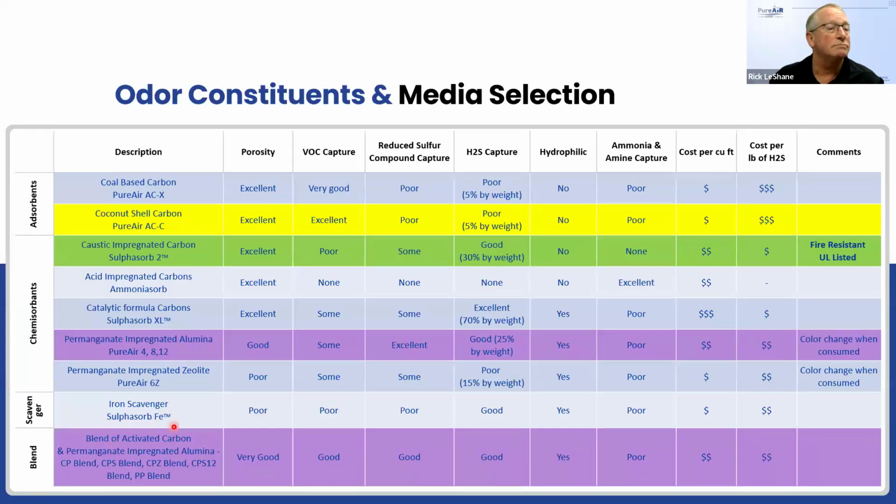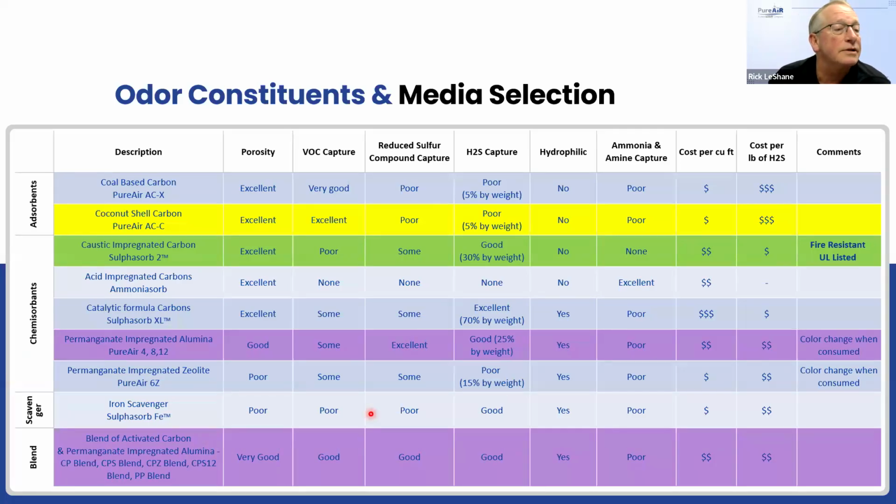It's where our Sulfazorb XL comes into play, and we use it for high H2S situations. It's 66% by weight, so it can capture a lot more of the H2S. As far as your dollar goes, you can see here, cost is low for carbon, but the cost to go after the H2S is very high because you have to use so much of it.